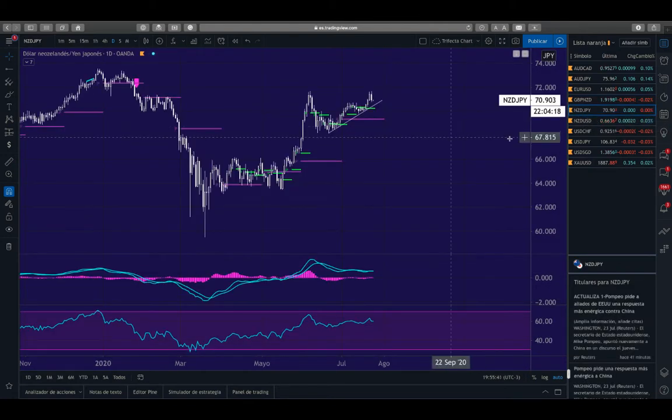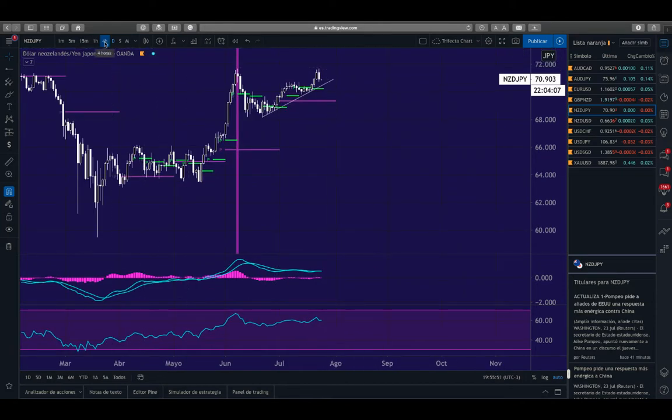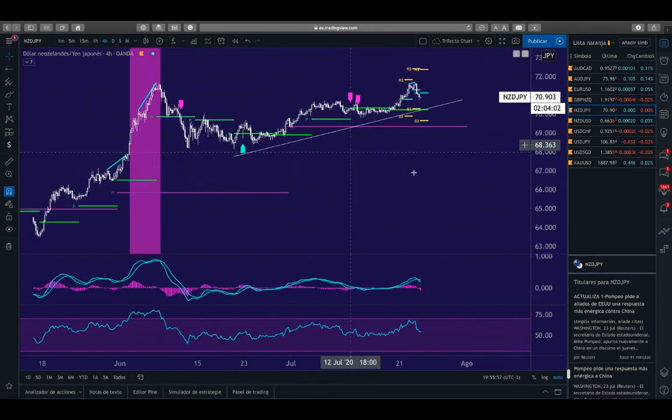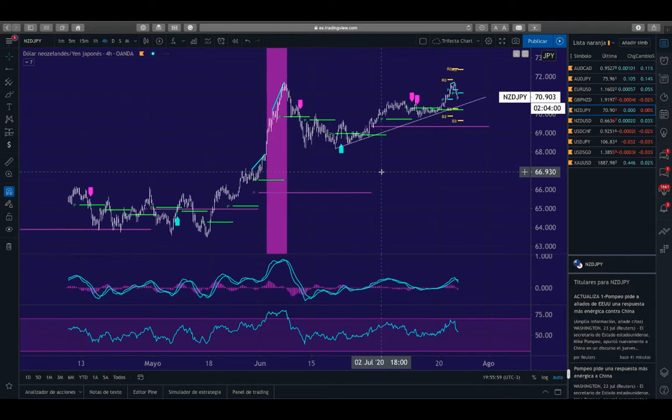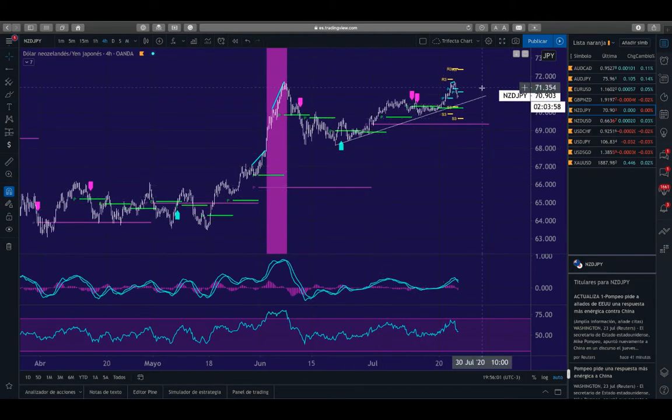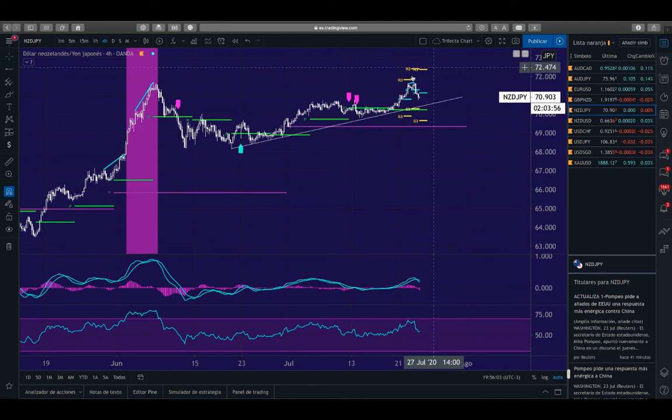Now, New Zealand against the Japanese yen, we can see as well a double top and MACD divergent. We have RSI 5 in the daily chart, and this is a really nice thing to see. And we have a nice trend line here. So, in the 4-hour chart, we can see right now a hidden divergence and also this June nice target.